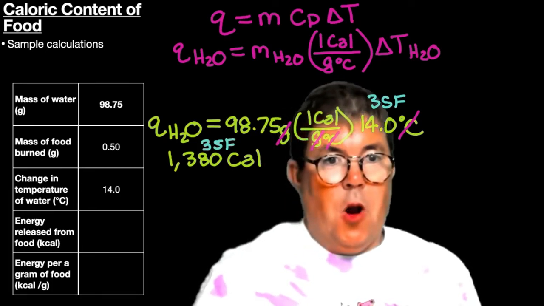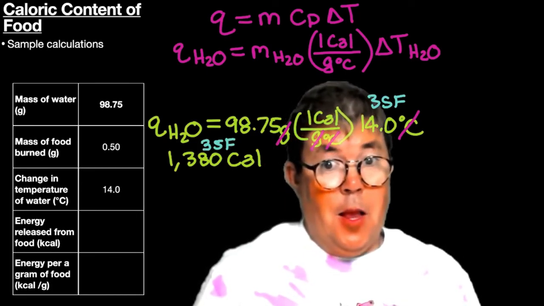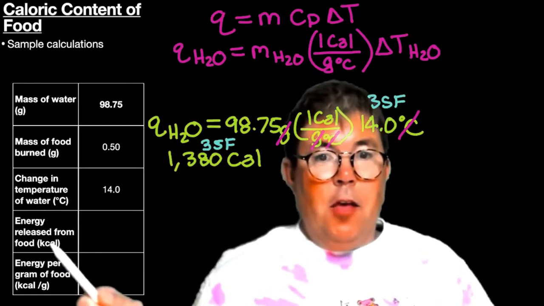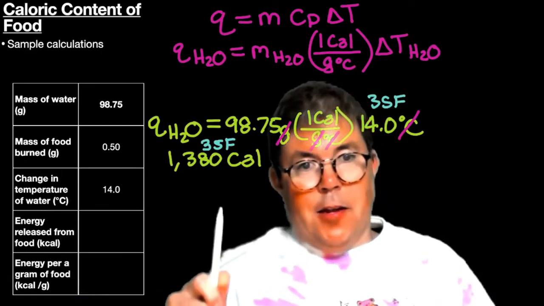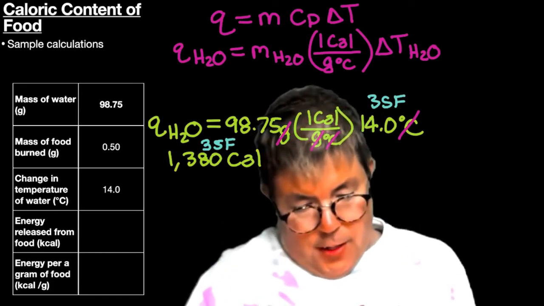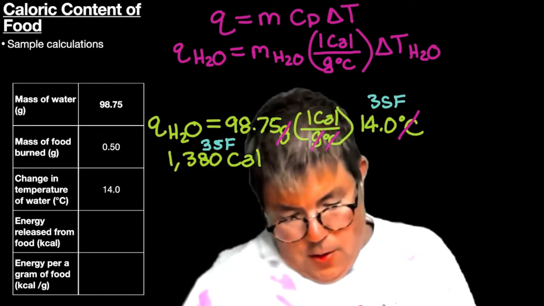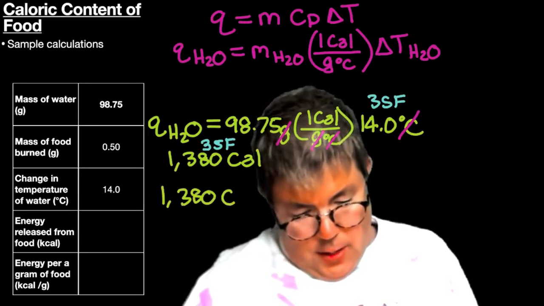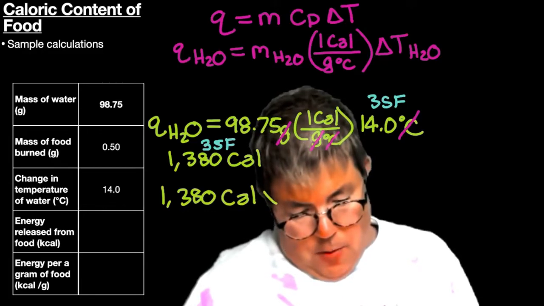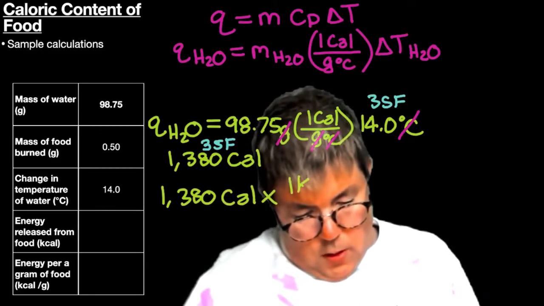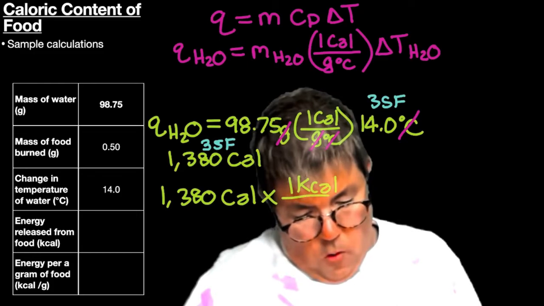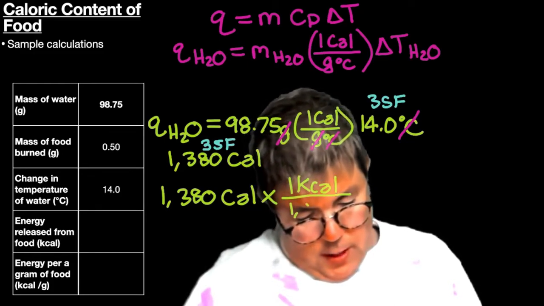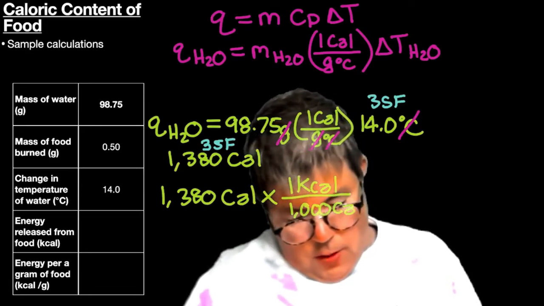However, not quite finished. Looking at the data table, we need the answer in kilocalories, not calories. So we can easily convert: 1,380 calories times 1 kilocalorie over 1,000 calories.